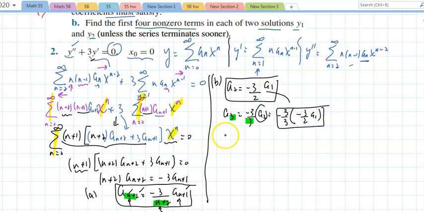If I look for a sub 4, that is negative 3 over 4 a sub 3. That is negative 3 over 4 a sub 3 is right there. Right? Those are the first 4 terms if I really look at them.